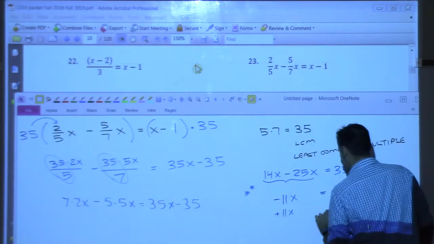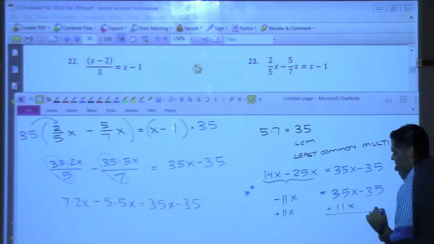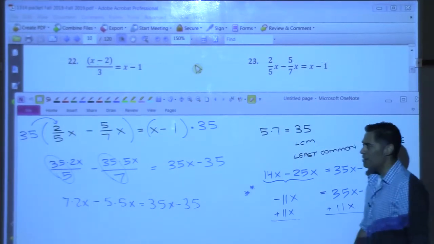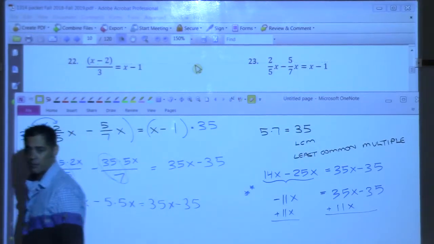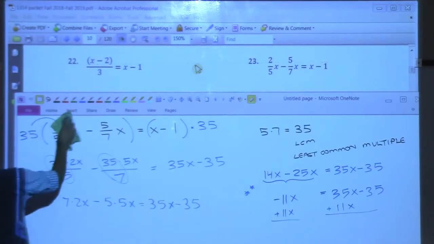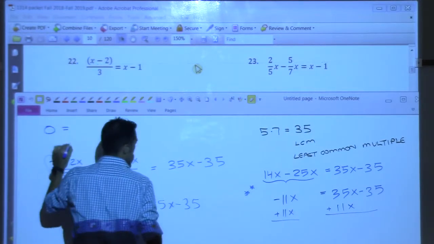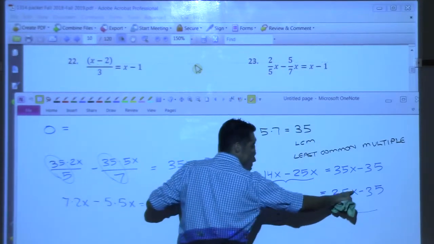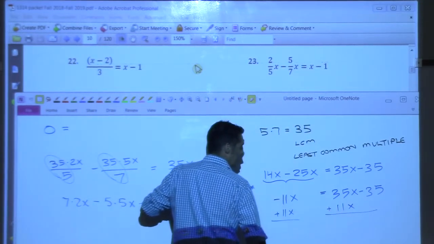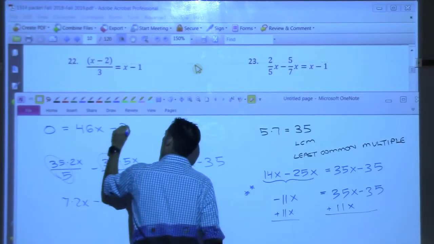Add 11x, add 11x. Okay. So what does the left side of the equation become now? 0, right? Because there's nothing left over there. So we have 0 equals, now 35x's, we added 11x's, that's going to be 46x's, and we still have minus 35.